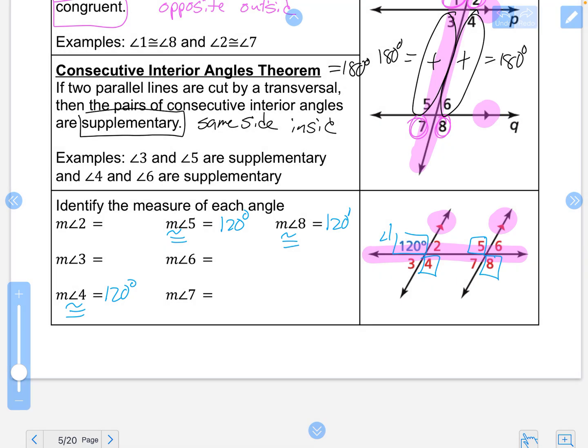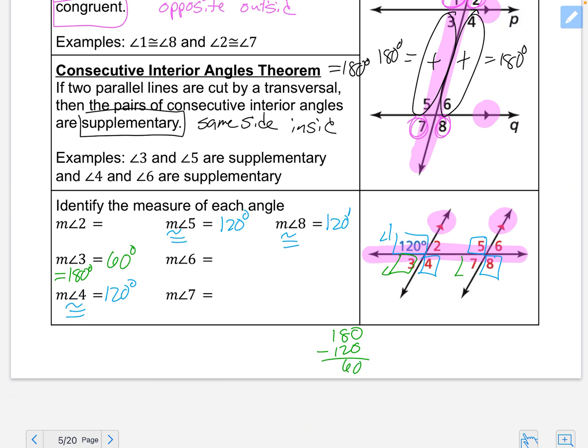So the next place I go is I know that angle 1 and angle 3 are a linear pair, and because they are a linear pair, they're going to equal 180 because they're supplementary. So 180 minus 120 is going to be 60 degrees. So the measure of angle 3 is 60 degrees. So I know 3 and 7 are corresponding angles, and because they're corresponding, they're congruent, so 7 is 60 degrees.